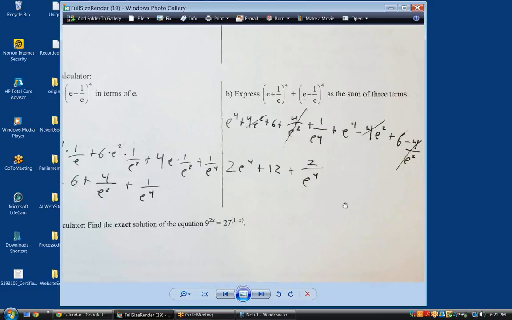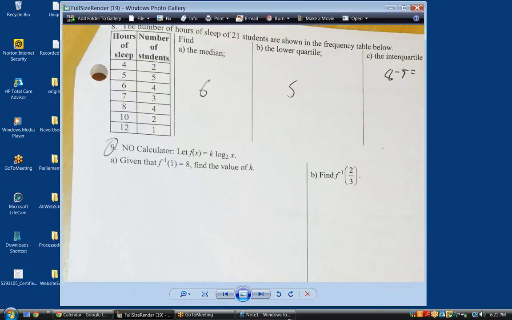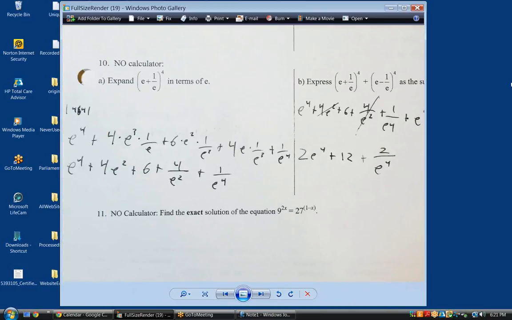Yes. Okay. Well, that takes care of everything on that page then. You got anything else? No, I do not. Since everything else in this packet was simple. Okay.